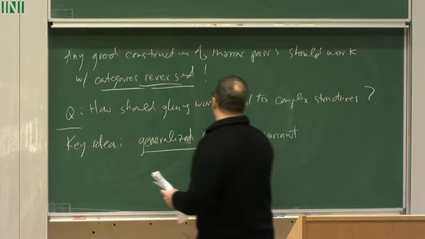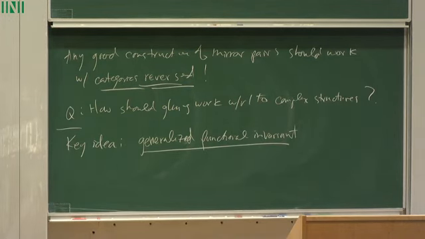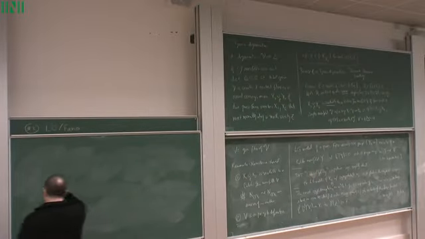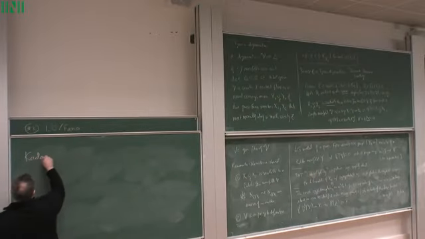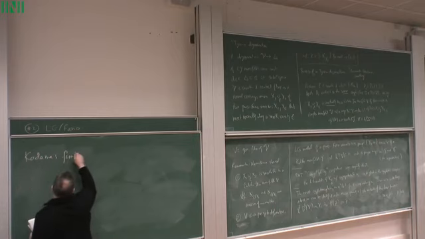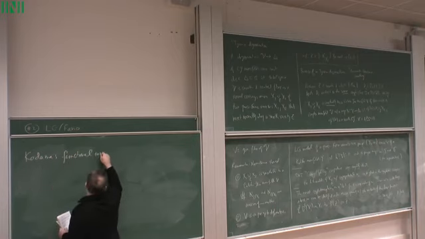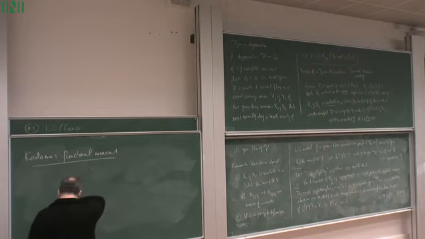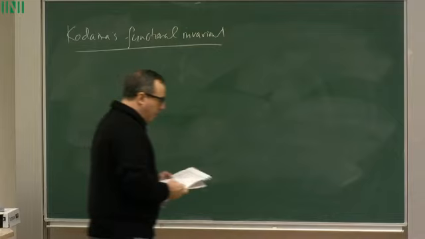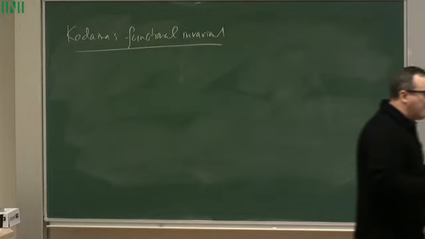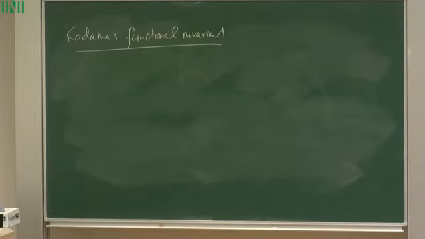Okay. So to explain what that is, let's go back to Kodaira's theory of elliptic surfaces and talk about the ordinary functional invariant. So Kodaira developed a theory of elliptic surfaces. He started with a one-dimensional base, and he focused mostly on a one-dimensional base.